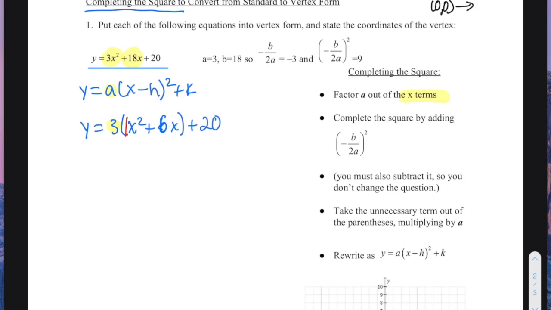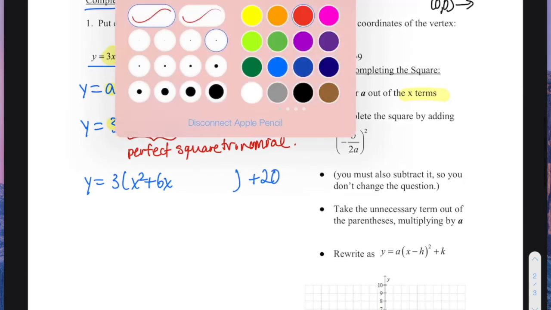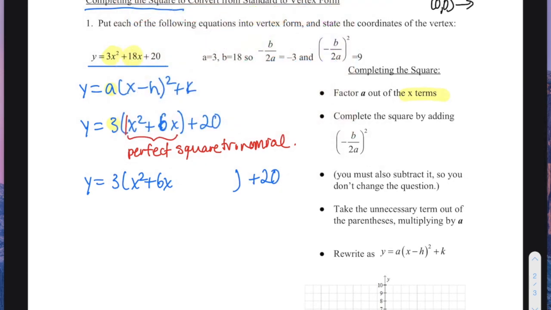Well, what we're actually going to do is make the inside a perfect square trinomial, and we've already done this. So if you recall, what we did is we sort of left some space here, and we said, well, I need to add two terms that sum to 0, but that will make this thing a perfect square.